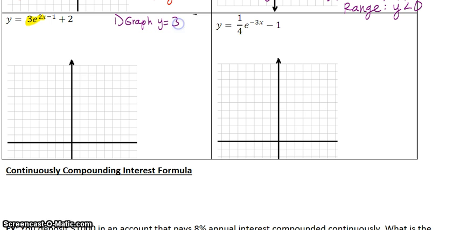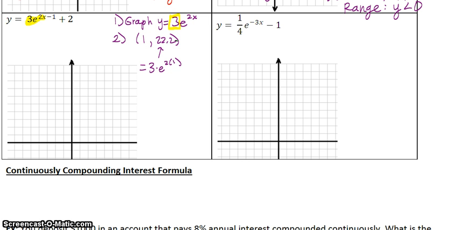y equals 3 times e to the 2x, and let's go through that quick. So y-intercept is 3. Oh, and one quick comment. This graph, when I do point 2, I actually end up getting 22.2.